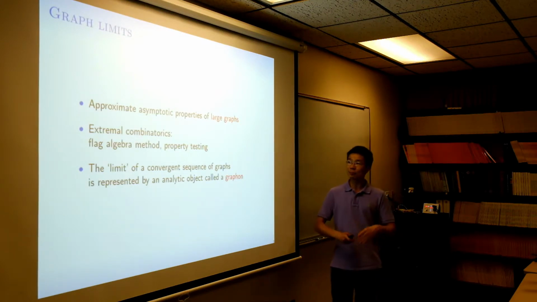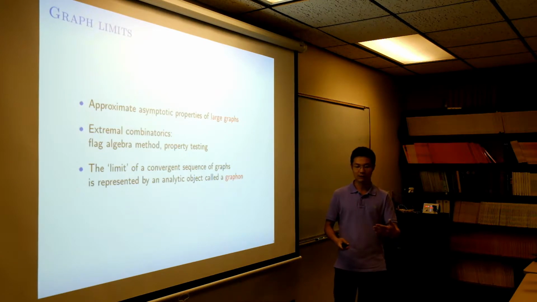So basically we say, okay, you have a large graph and you want to study asymptotic properties, so maybe you can define some limit object of this sequence of large graphs whose size goes to infinity, and the limit object, which we'll define later, is called a graphon.